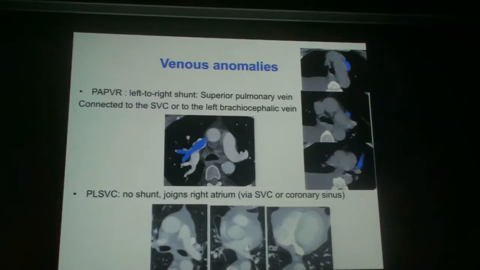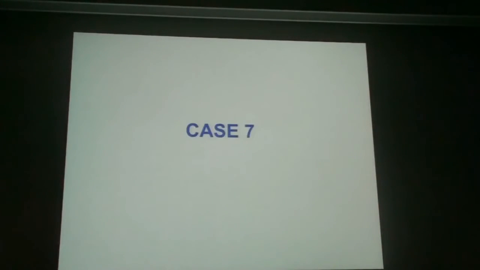So, having this in mind, you know all you need about the venous thoracic anomalies, and they are not so infrequent. So I suggest that each time you're reading a CT, you check systematically that the pulmonary veins join the left atrium. And this is my last case.